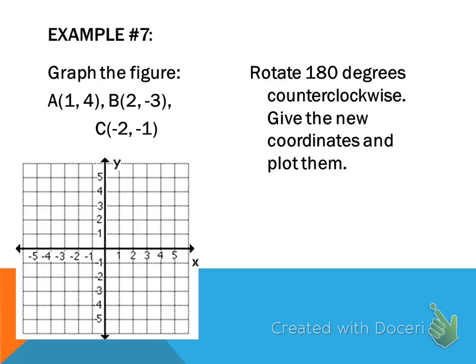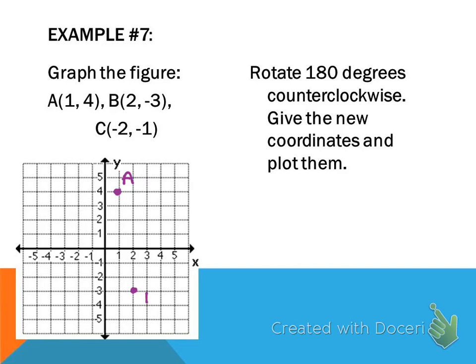All right, this time we are plotting it and rotating 180 counterclockwise and then plotting our new points. To get to 1, 4, where do I move? Right 1 up 4. That gives me point A. What about 2, negative 3? Right 2 down 3.